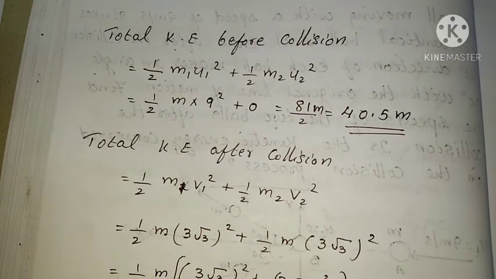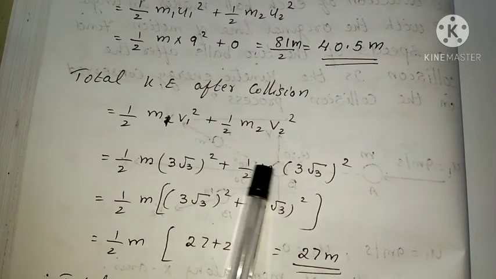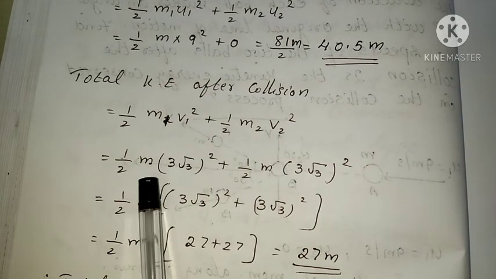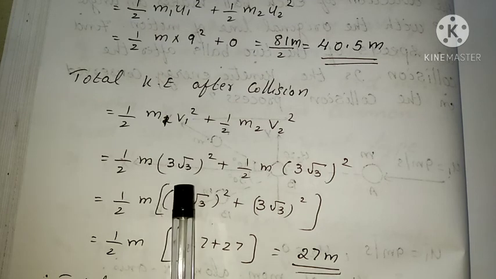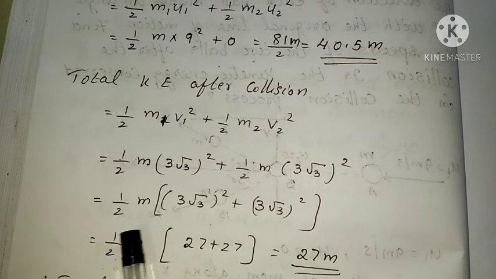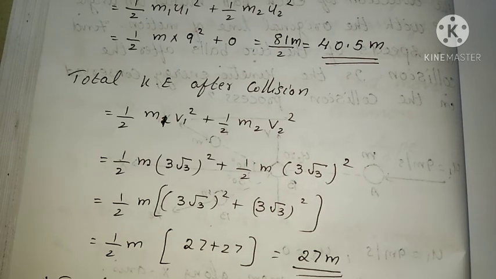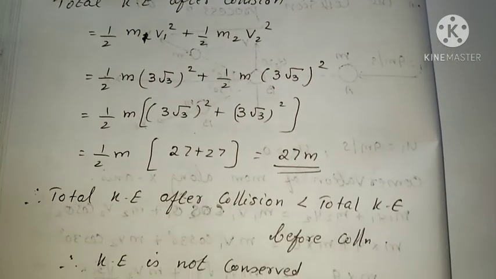Then total kinetic energy after collision. What is the formula? Half m1 v1 square plus half m2 v2 square, equal to half into m into (3 root 3) square plus half into m into (3 root 3) square. Then take half m outside, inside the bracket (3 root 3) square plus (3 root 3) square. Therefore, we get the answer 27 m.